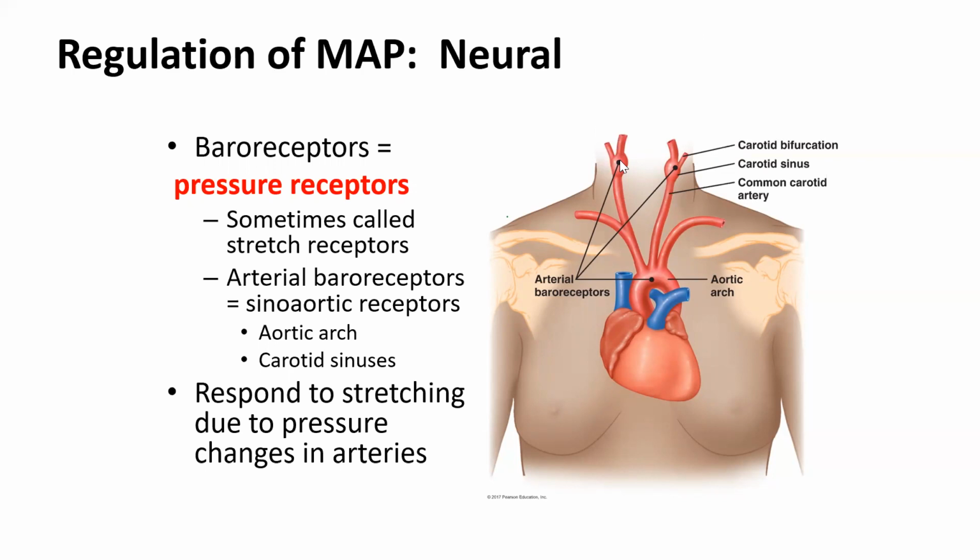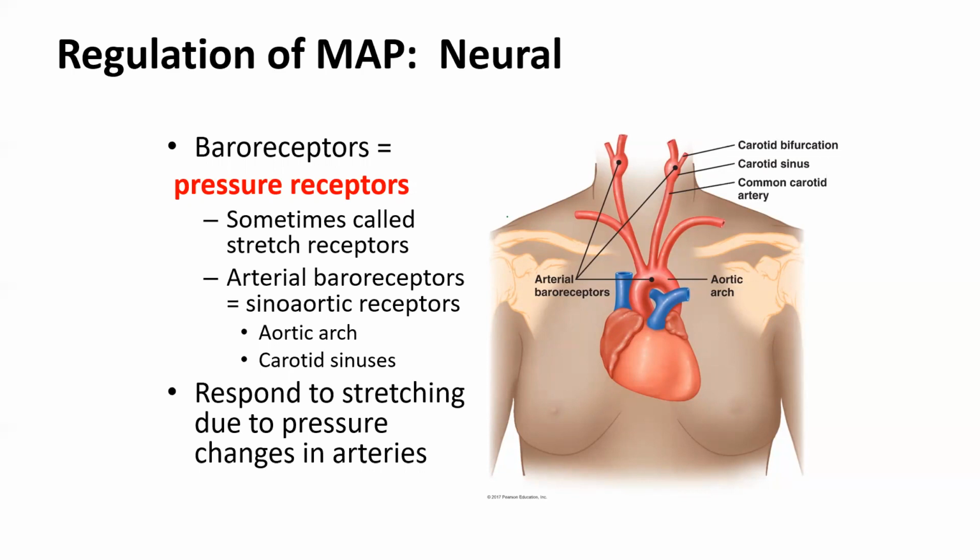And so these two stretch receptors are pretty much detecting how much pressure exists that's coming from the heart. And so we can see based upon their strategic location, they're really picking up the pressure under which the blood that's leaving the heart is. And so it's really doing so by stretch. It's responding to stretch.